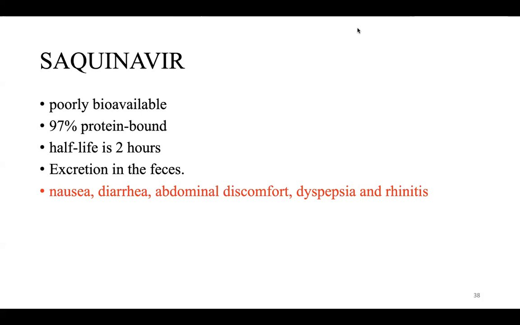However, reformulation of saquinavir for twice daily dosing in combination with low-dose ritonavir has both improved antiviral efficacy and decreased gastrointestinal side effects. Saquinavir is 97% protein bound, and serum half-life is 2 hours. Excretion is in the feces.